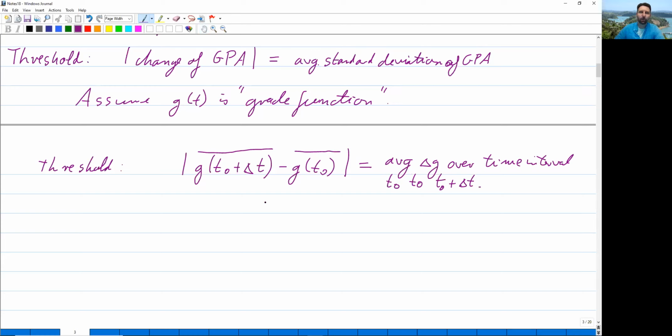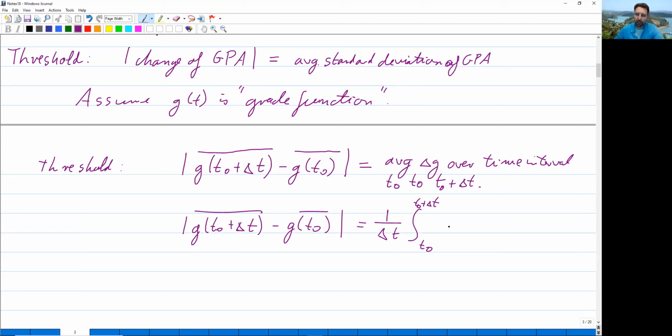All right, so this is to say the threshold of statistical significance is achieved if the following is true: G bar of t0 is equal to, and now how do we calculate that average? Well, it's 1 over the size of the time interval times the integral from t0 to t0 plus delta t of delta g of t prime dt prime.